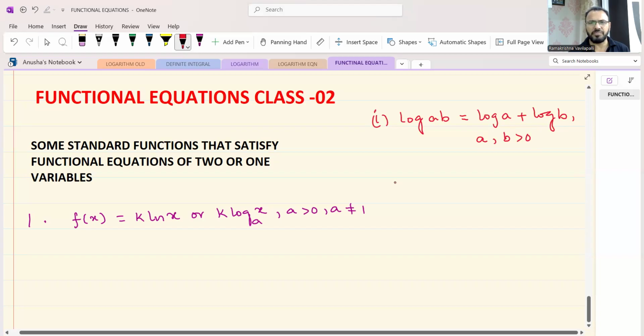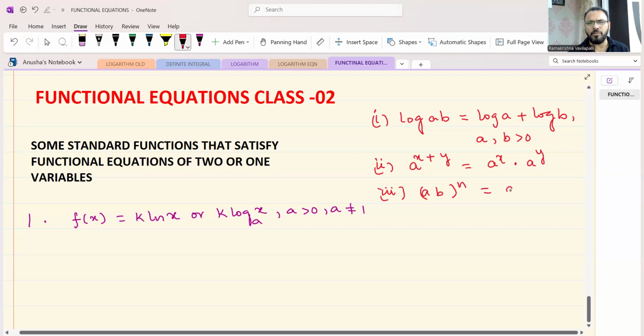Another one is a to the power of x plus y. This we can write as a^x times a^y. This is converting sum to product. And the third one, (AB)^n equals A^n times B^n.